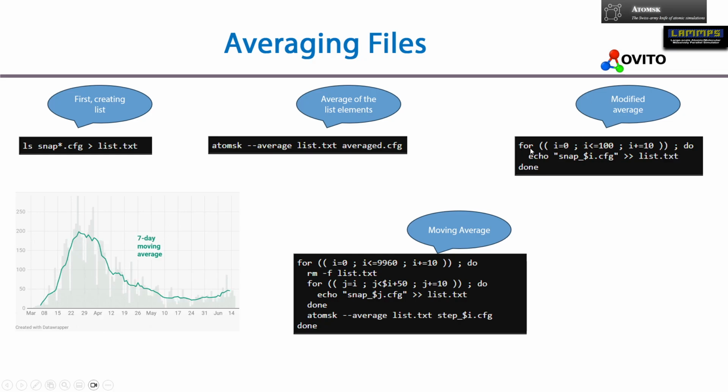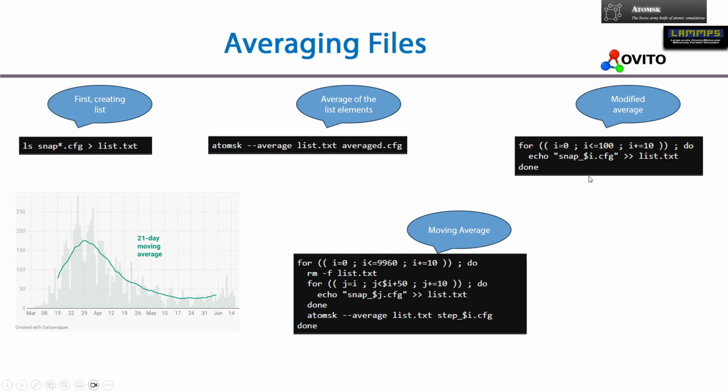I am using a for loop starting from i equals 0 until 100, and this means that I am using the 10, 20, 30 files. I am using the command echo snap $i.cfg, where $i is the exact number representing the file, and I am storing all that inside the list.txt. After storing it in list.txt, I can use the average to find the modified average.